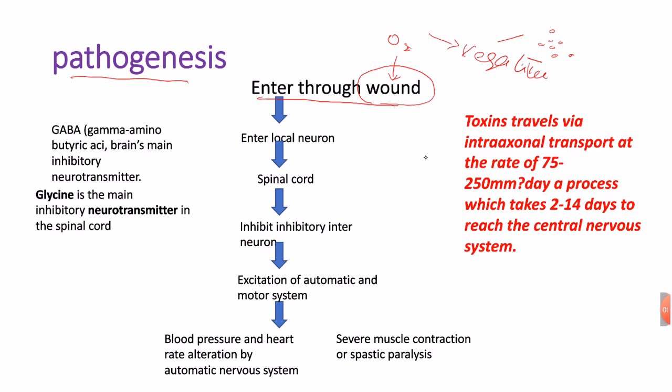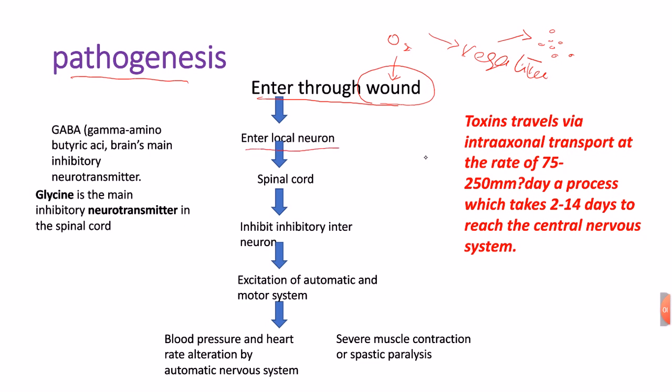They break down their cell wall and spread their tetanospasmin and tetanolysin. They spread their toxins wherever they are present, and they go into the bloodstream and into the local neuron, and they cause disease there by reaching the CNS, right?